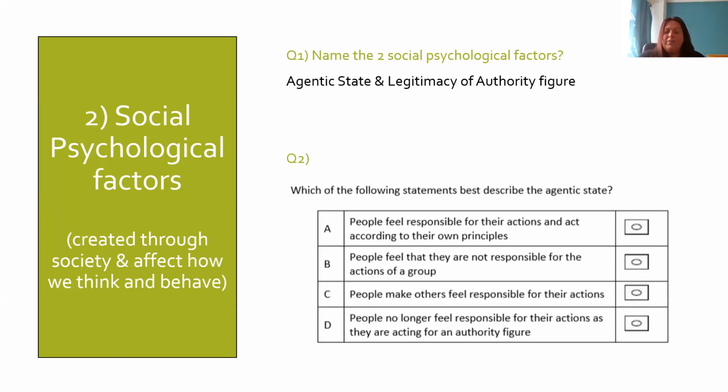Hopefully, many of you have decided to go for D. So the agentic state is where people no longer feel responsible for their actions as they are acting for an authority figure. So be aware, there are lovely questions like this as well that can be put onto the exam paper. So worth 1 mark, read very carefully, double check the question before you answer.